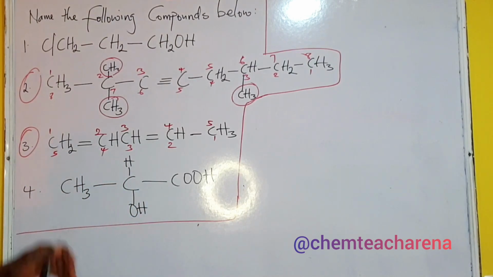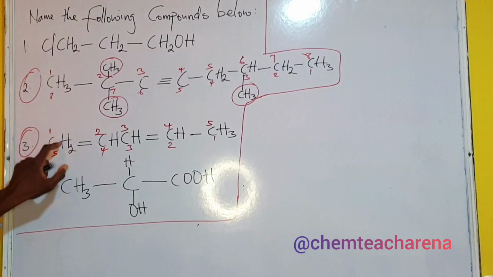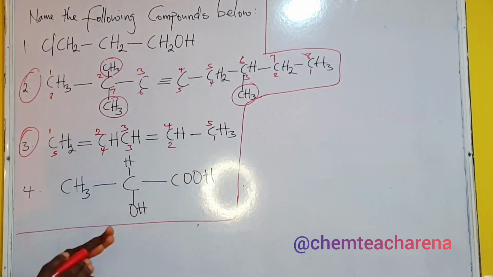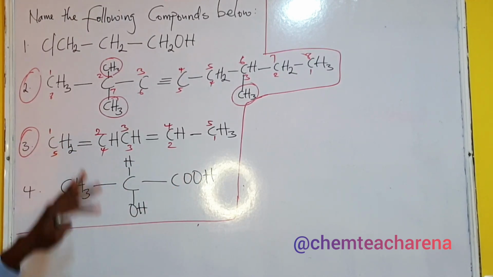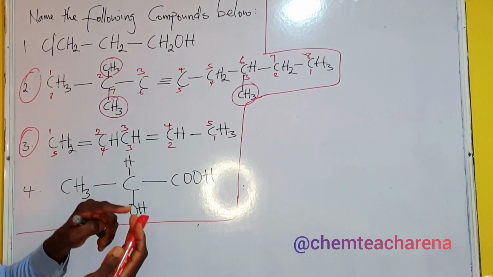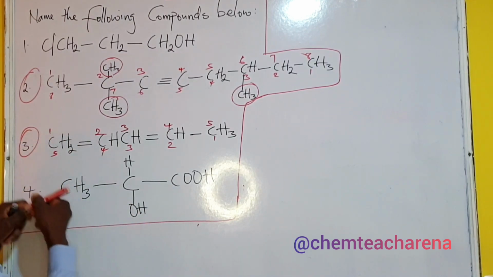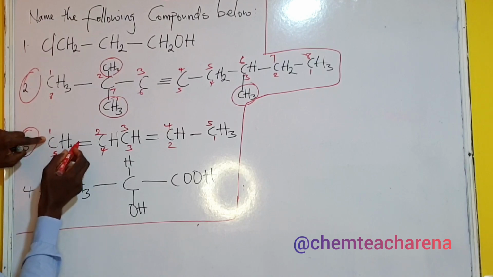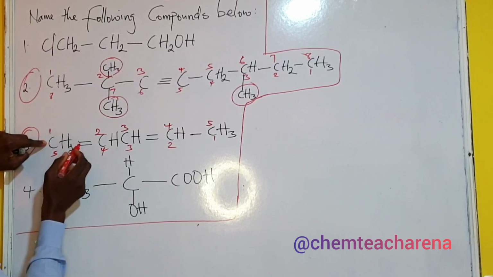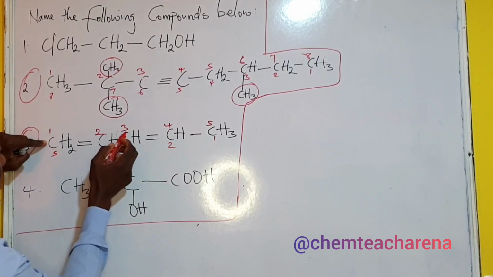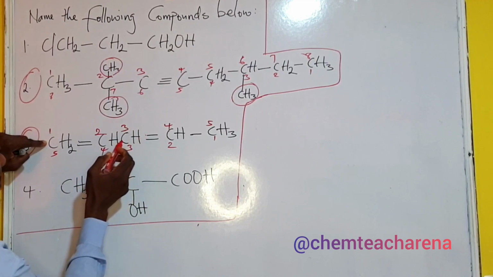Now counting from here, how many carbons do we have? 5. That is pent. 5 is pent. Methane, ethane, propane, butane, pentane. That is pent. Now at position 1 I have a double bond. At carbon 3, I have another double bond.